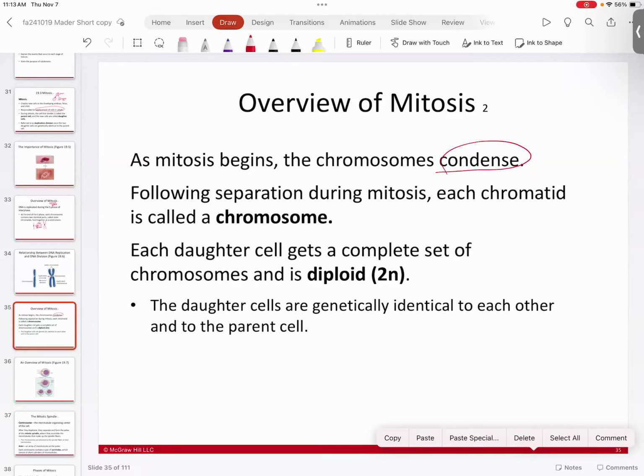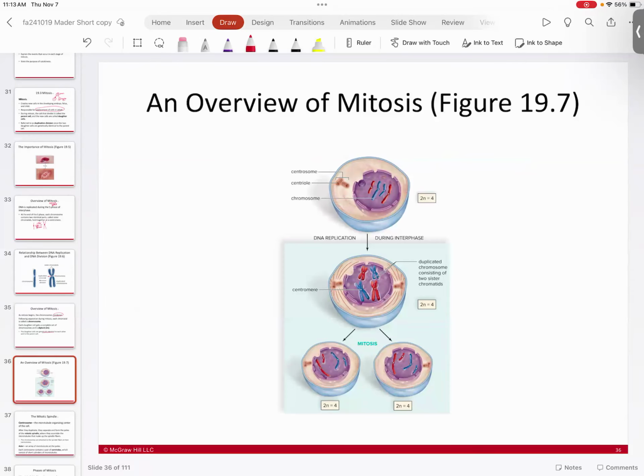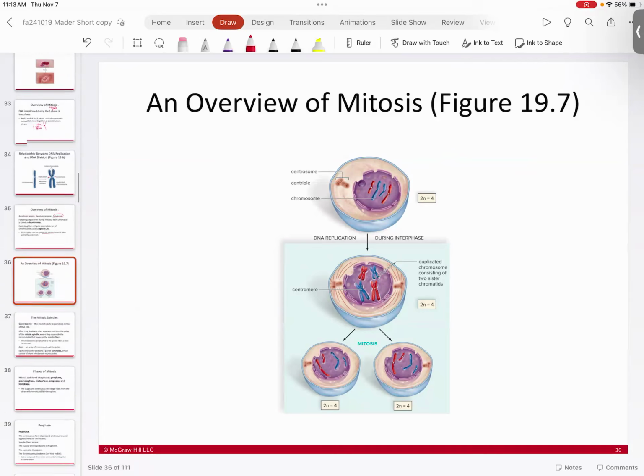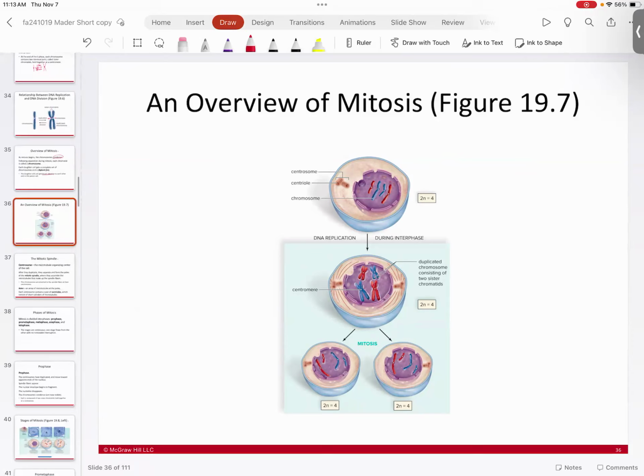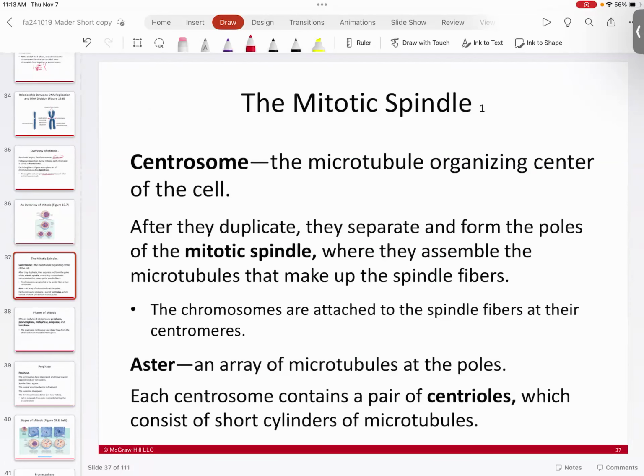So they are genetically identical to each other and to the parent. That's the important thing. In the case of mitosis, you're basically making more of the same. You're not looking at differentiating yet, although some of these cells will go on to become differentiated, but in a different fashion. That's beyond the scope of this chapter because that gets into embryological development.